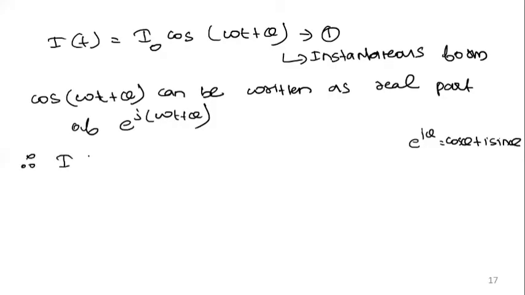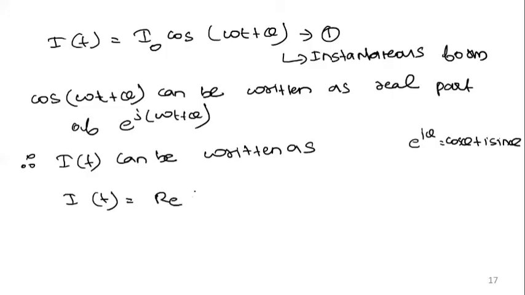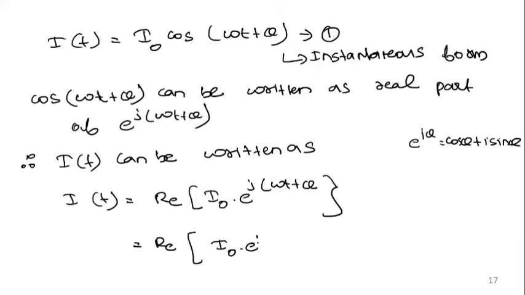Therefore, I of t can be written as the real part of I naught e raised to j omega t plus theta, which is equal to the real part of I naught e raised to j omega t into e raised to j theta, right?